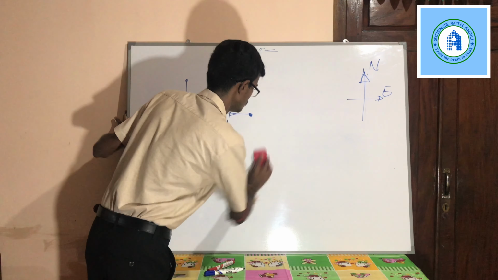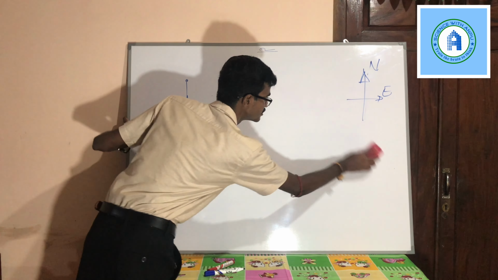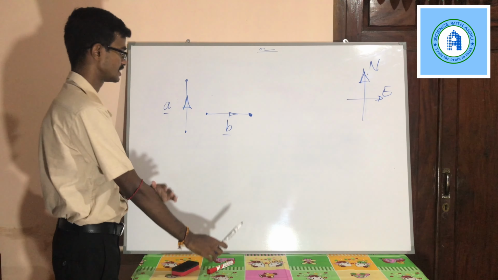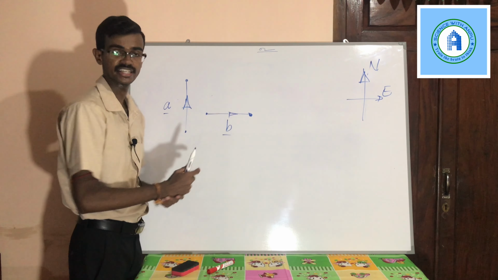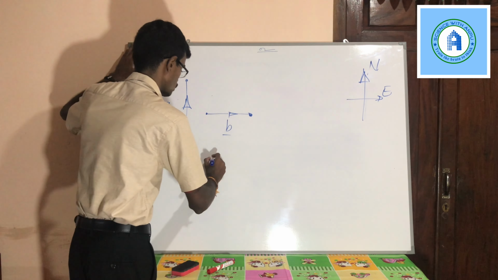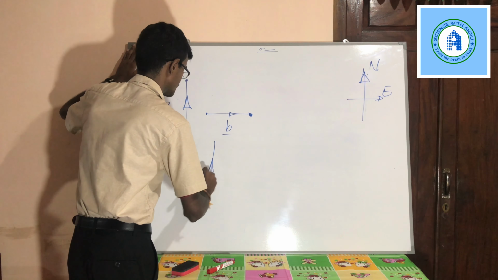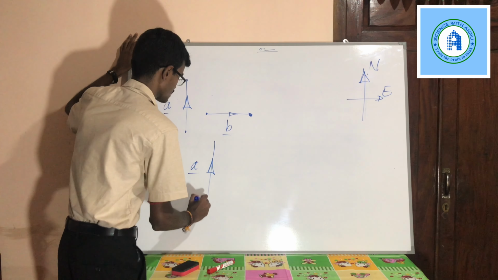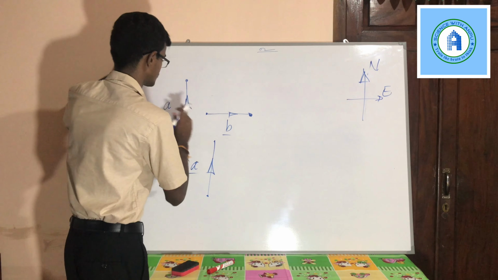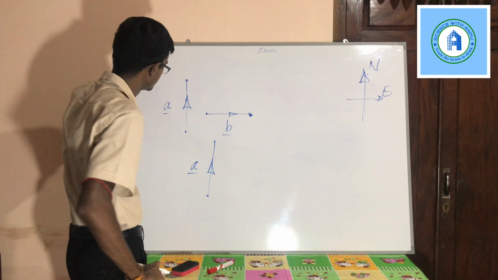So how can we find out the resultant in a methodical, proper way? I have to draw the first vector A, the direction and proportional length.